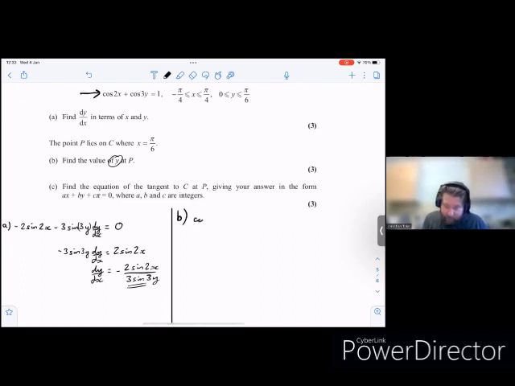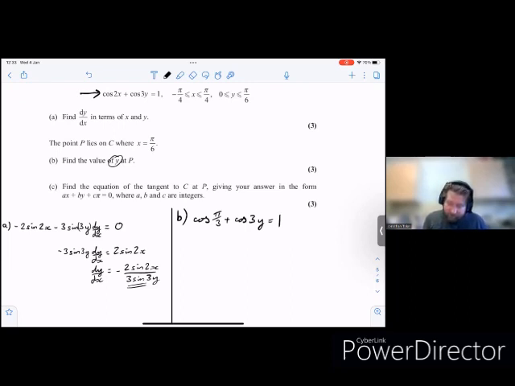So we get cos 2x, so that'll be pi over 3, plus cos 3y equals 1. Now, cos pi over 3, we should know this. You can obviously tap it into your calculator to double check. Pi over 3 is 60 degrees.